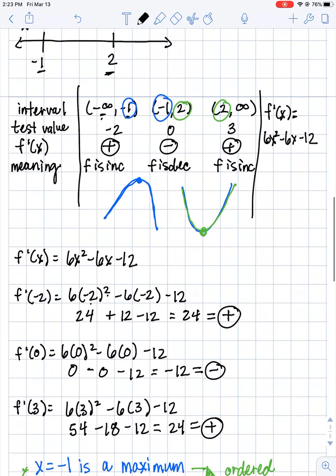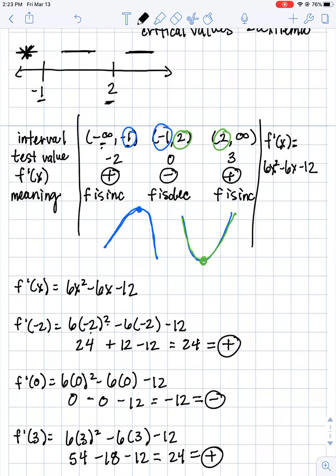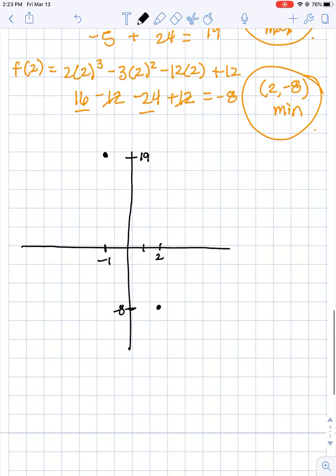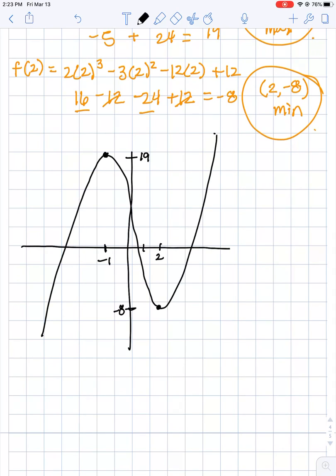And if you go back up, guys, to my little handy-dandy table, the function starts increasing, then decreasing, and then increasing. So it's going to look something like that. That is a very ugly sketch, but that is the idea.